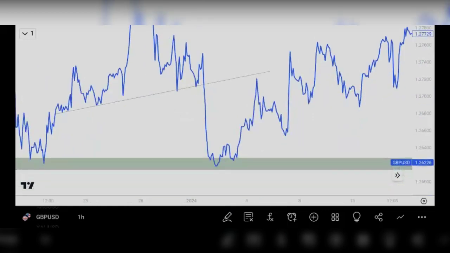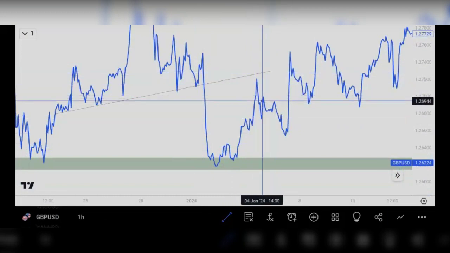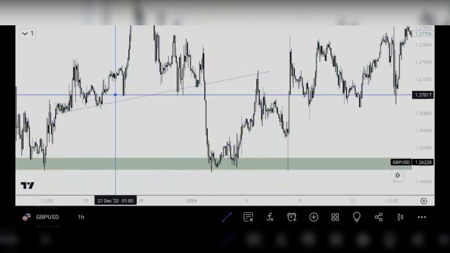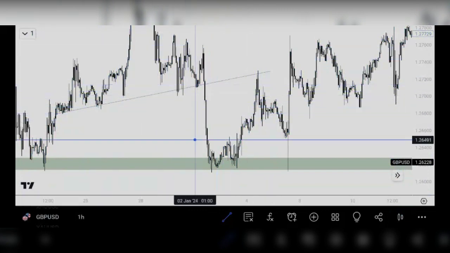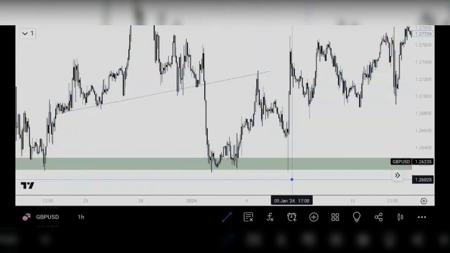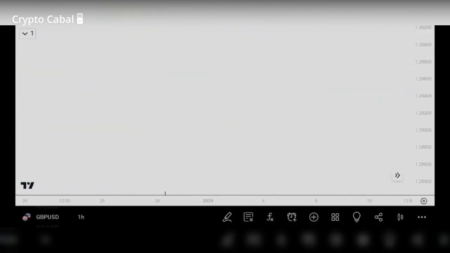Now, look at what happened. After price broke through these points, price came back into this, tapped on it, and sold down. And we were able to still make some profits. Look at this. After multiple touches, price breaks through it. You enter at the next touch, price tapped into it and sold down. Simple.